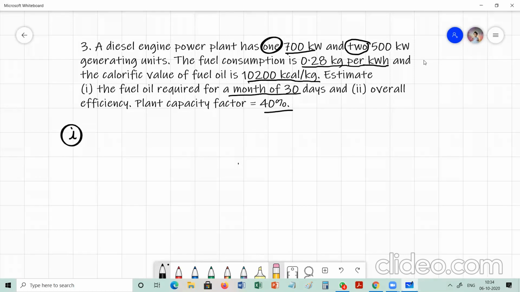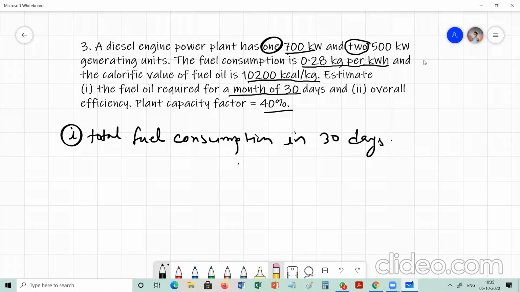First, they ask for what? Total fuel consumption in 30 days. And for that, we can use this formula, the specific fuel consumption.